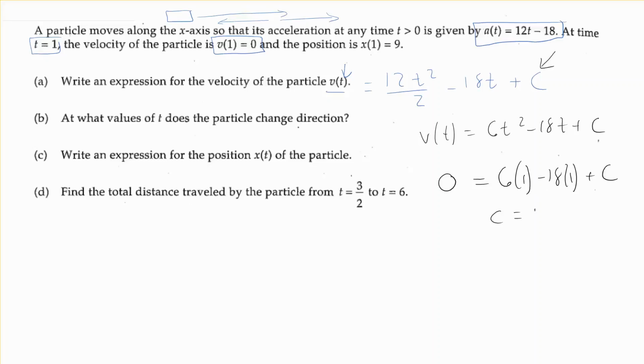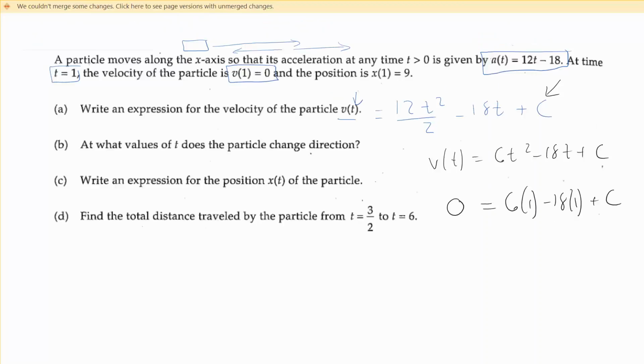I'll add it over, so c equals 12. So my velocity equation is 6t squared minus 18t plus 12. That's all I need. That's my expression for the velocity. Let's clean that up.